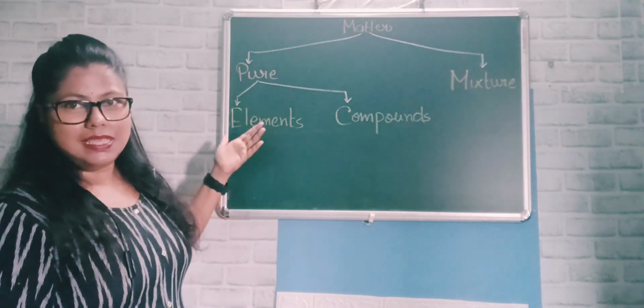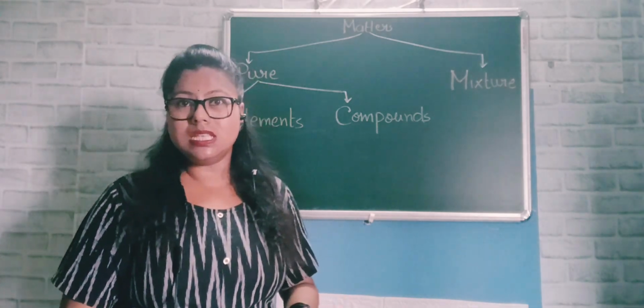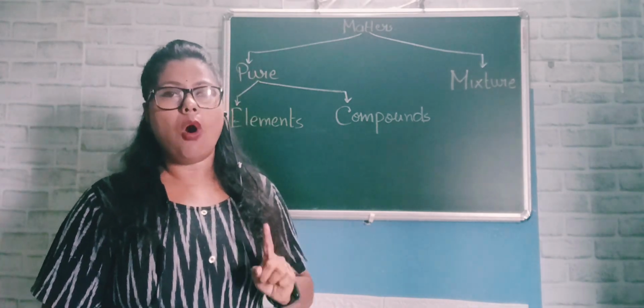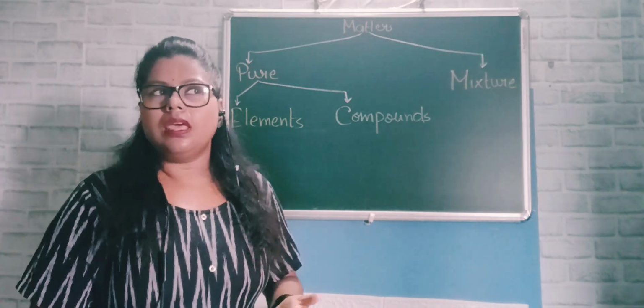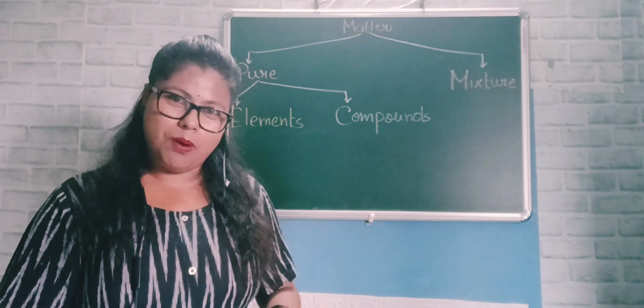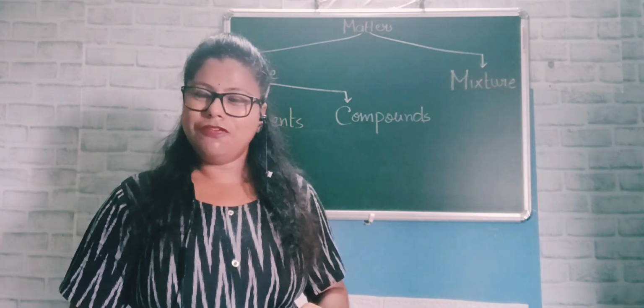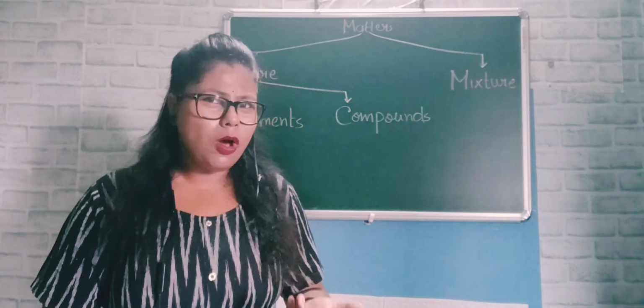Now to understand element, we need to understand that elements are substances which are made up of only one kind of atom. Like if we talk about iron, this iron is made up of only iron. If we talk about oxygen, this oxygen is made up of only oxygen.